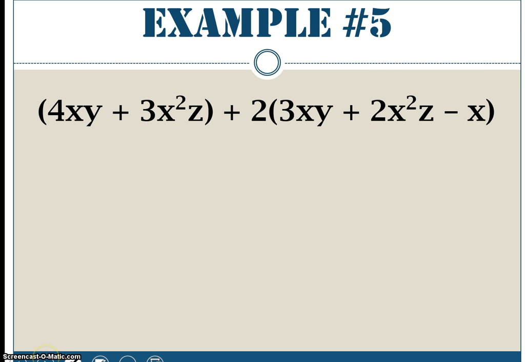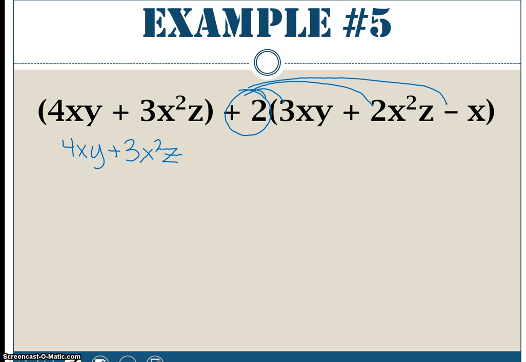For the next example, here we're going to drop the 4xy plus 3x squared z right out of the parentheses. Then we're going to multiply the second polynomial by a positive 2. So 2 times 3 is positive 6xy. 2 times positive 2 is positive 4x squared z. 2 times a negative 1 is negative 2x.